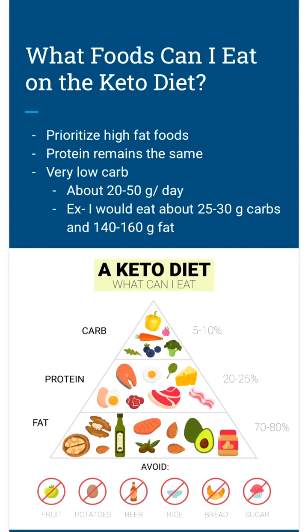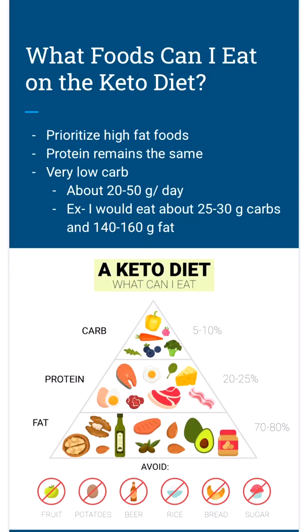I really like this image because it gives you those percentages. Carbs are going to be about 5 to 10% of our diet. Protein is going to be 20 to 25%, which is a normal, healthy protein recommendation. So that really doesn't change that much, and that bottom part, the huge part of our diet, is going to be fat.